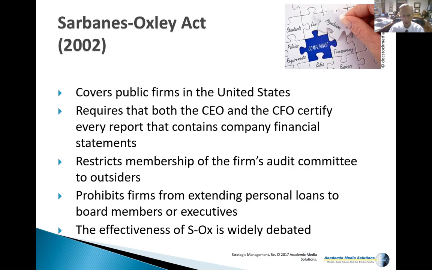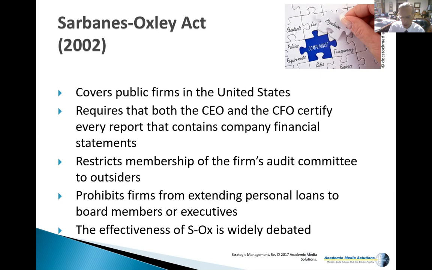As a result of Sarbanes-Oxley and the response to these scandals that I mentioned a couple minutes ago, there are fewer companies today where the chief executive is also the chairman of the board. It's still an issue.